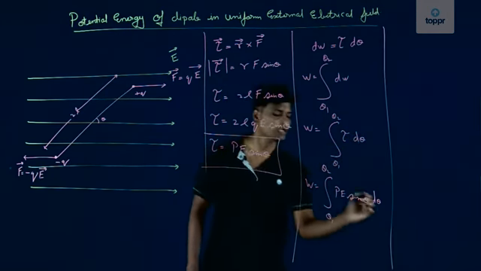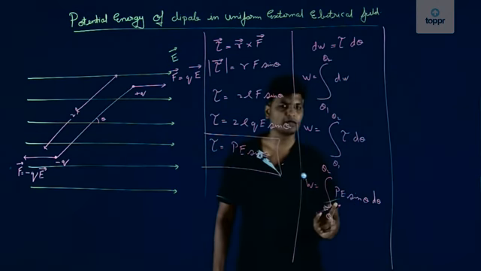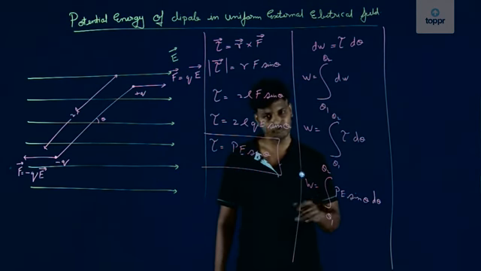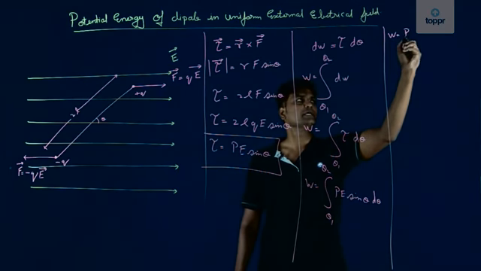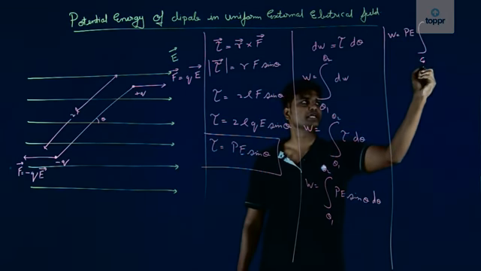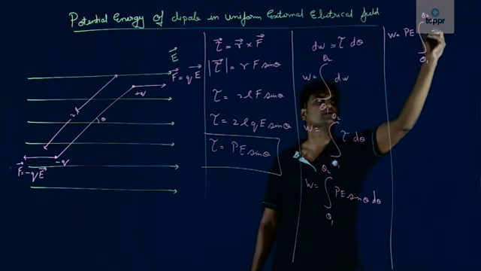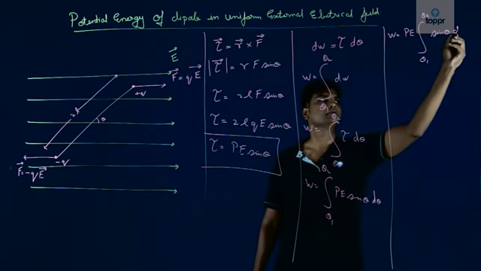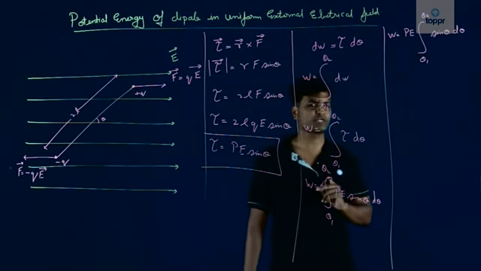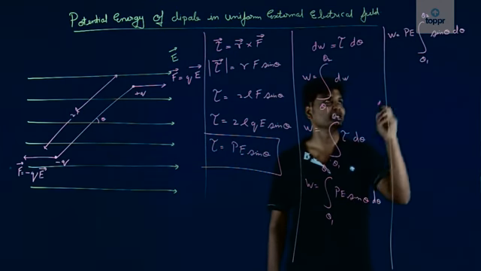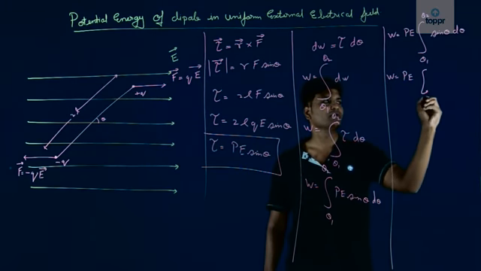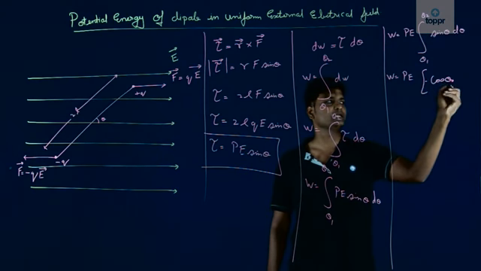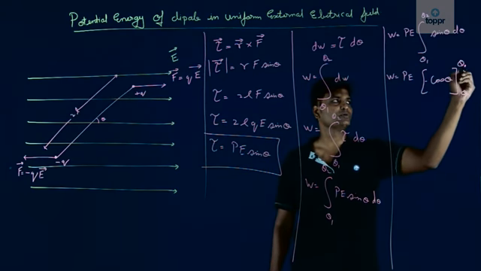Okay, now P, electrical dipole moment, is it constant with respect to angle theta? Yes. Electrical field, obviously it is uniform, so it is constant. So W is equal to PE, integration of sine theta from theta 1 to theta 2 d theta. Integration of sine theta is minus cos theta. So W is equal to PE, minus cos theta from theta 1 to theta 2.